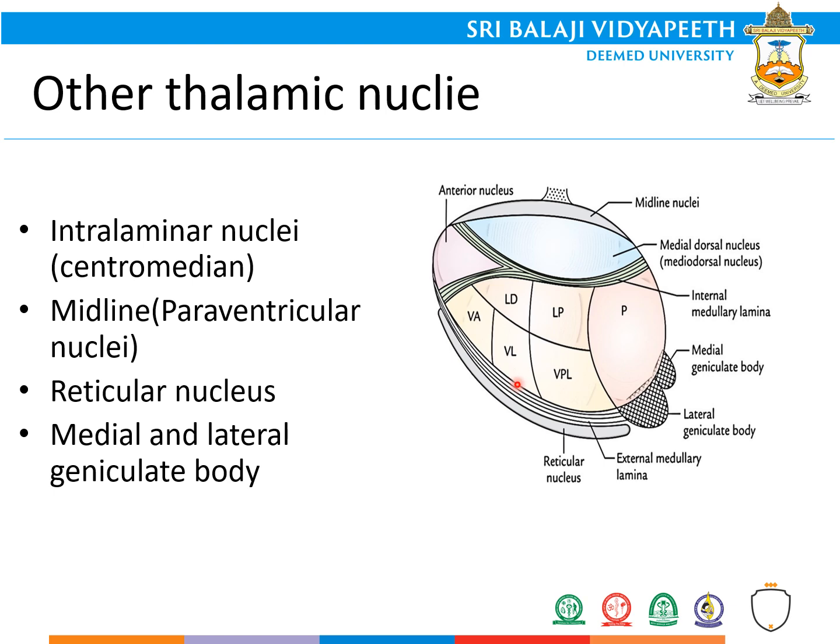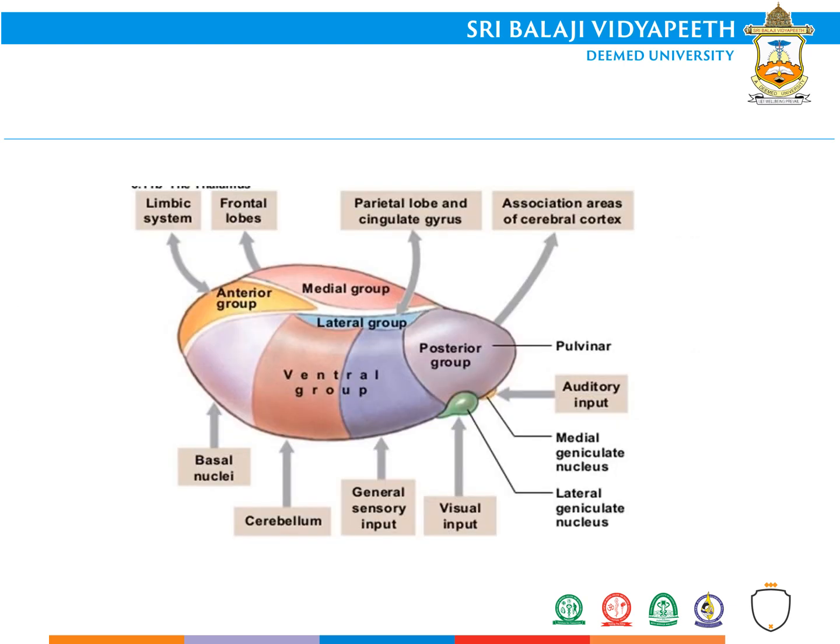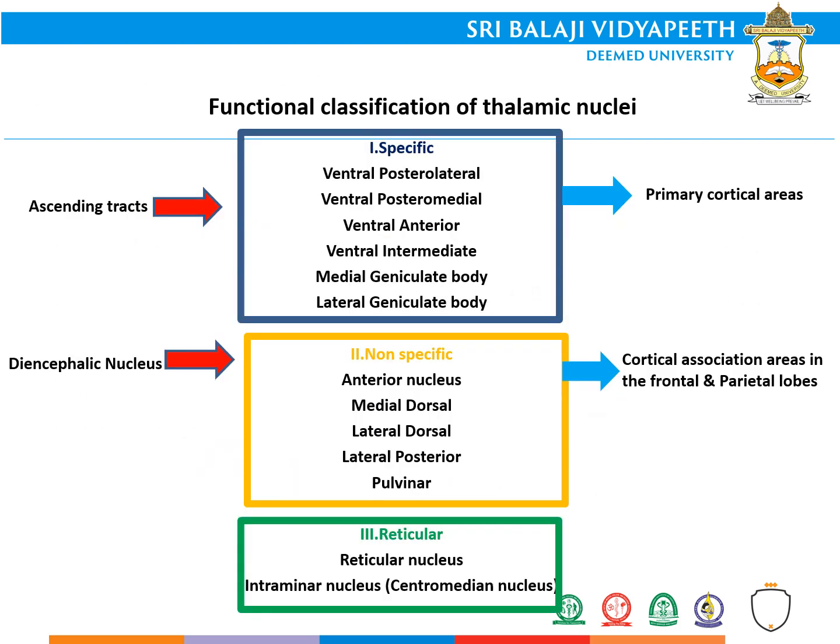There are certain other thalamic nuclei as well, an intralaminar nucleus which is otherwise also called a centromedian nucleus, a midline or paraventricular nucleus, a reticular nucleus, and medial and lateral geniculate bodies. This is again a pictorial representation of the different nuclei.